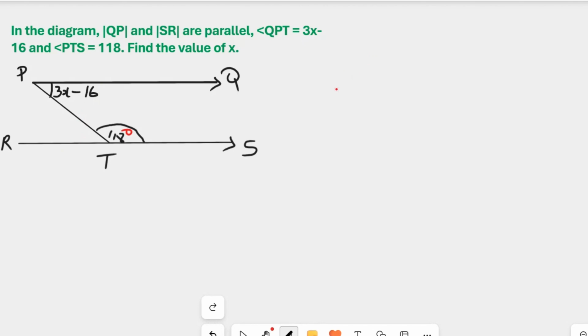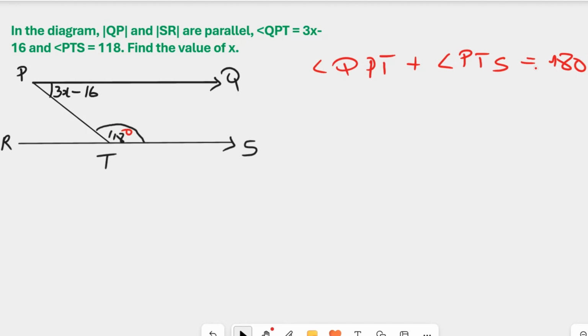So I can see that angle QPT plus this angle STP, or let me call it angle PTS, sure, angle PTS is equal to 180 degrees.